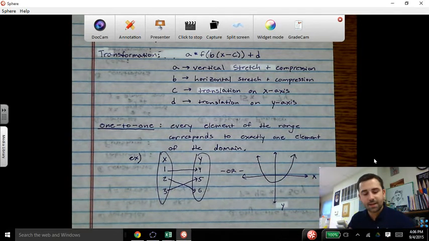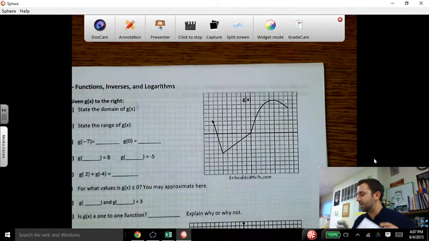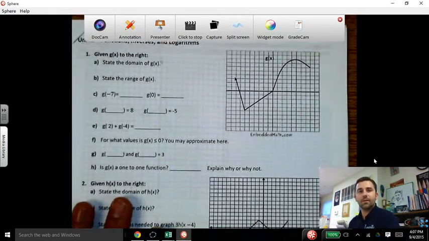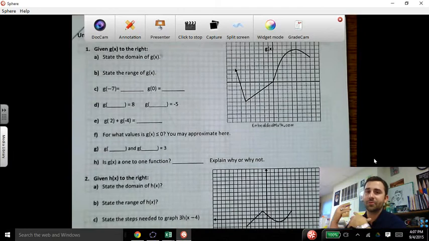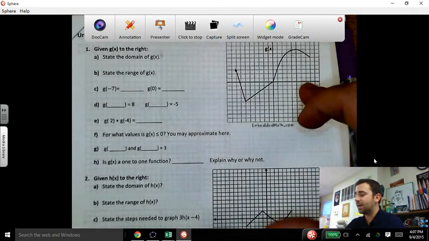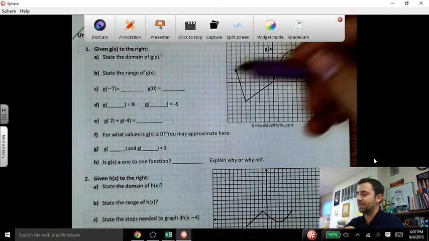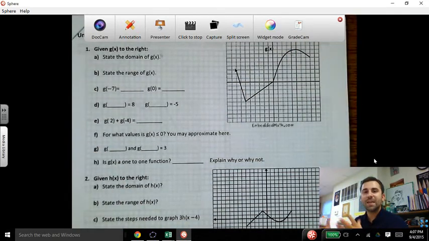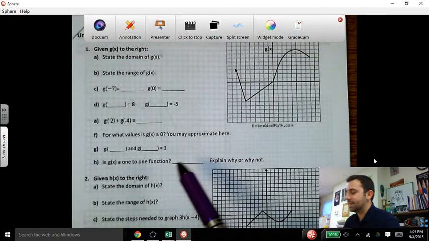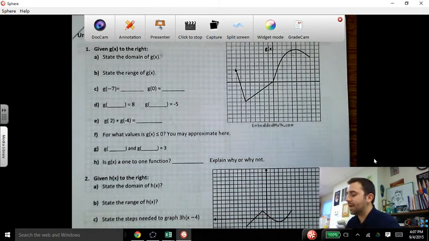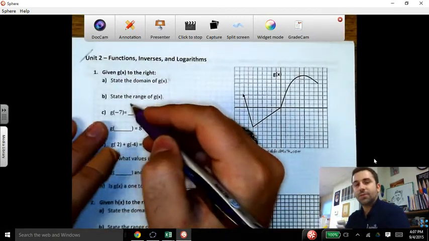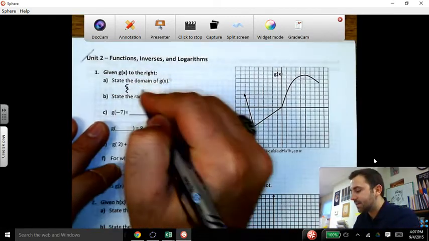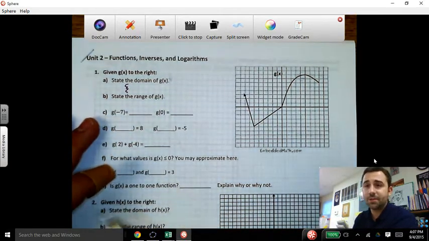So now let's actually talk about some different function notation items. Looking at these guided notes, I asked for the domain of g of x. Notice g of x is not a particular function that we know of, because what we're looking at is just being able to identify domain and range values, so this is just a piece of a relationship. The domain of g of x is, like I said, the input values or the x values. We want to first use the correct notation in defining the domain. So I'm using set notation, which uses curly brackets.